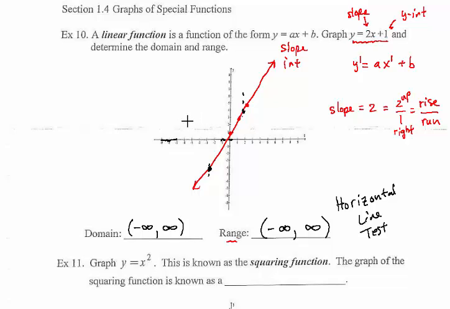Is there a place where I can draw a horizontal line and not hit the function? And the answer to that question is no. It doesn't matter where I draw this horizontal line, I'm always going to hit this red curve, no matter where I put it, up, down. So we say our range is from negative to positive infinity.